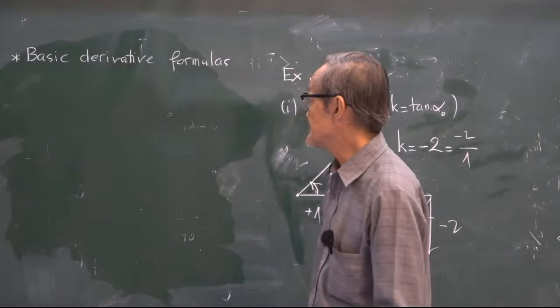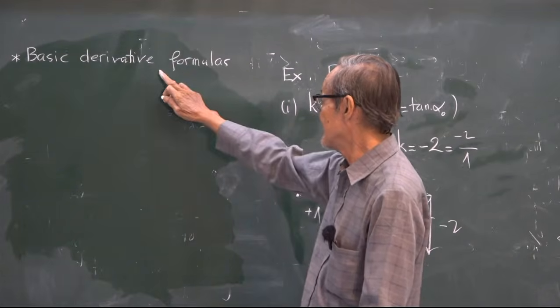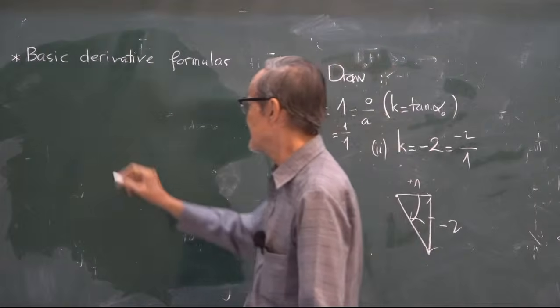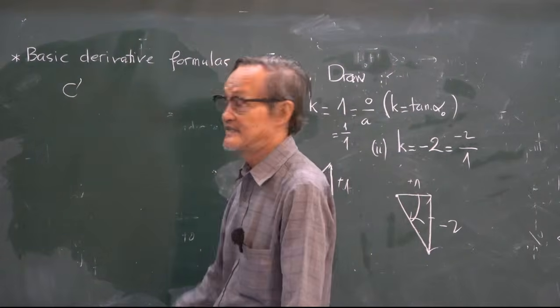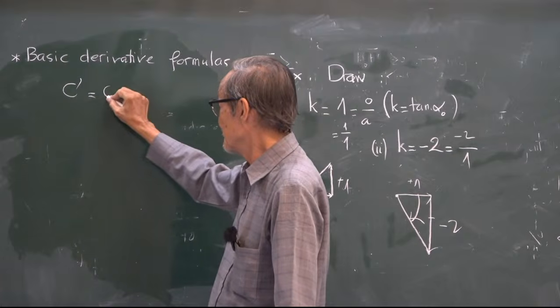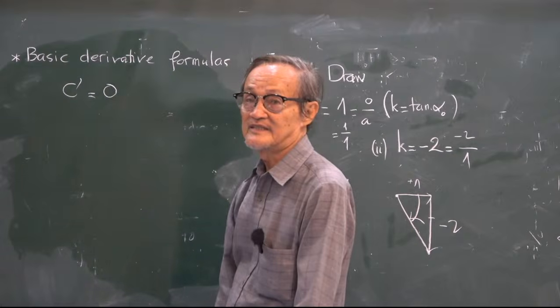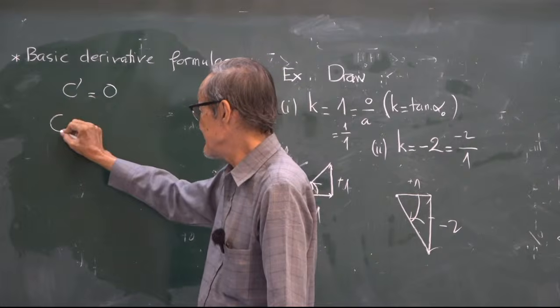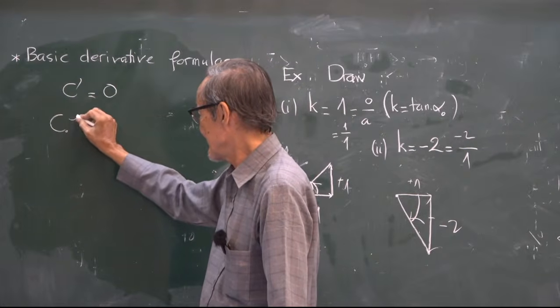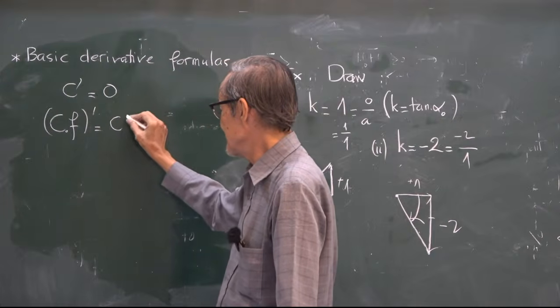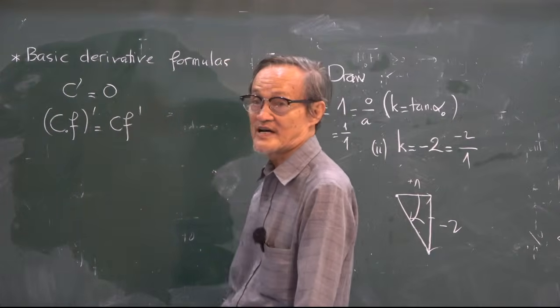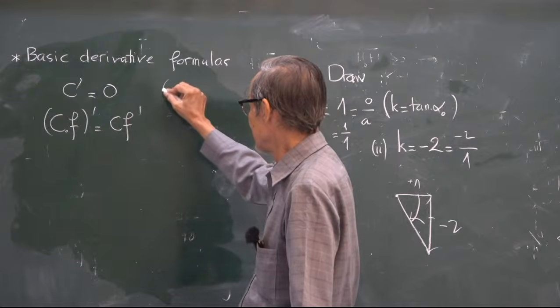Now consider some basic derivative formulas. C constant, prime equals 0. Okay. C times f, prime equals C f prime. C constant.